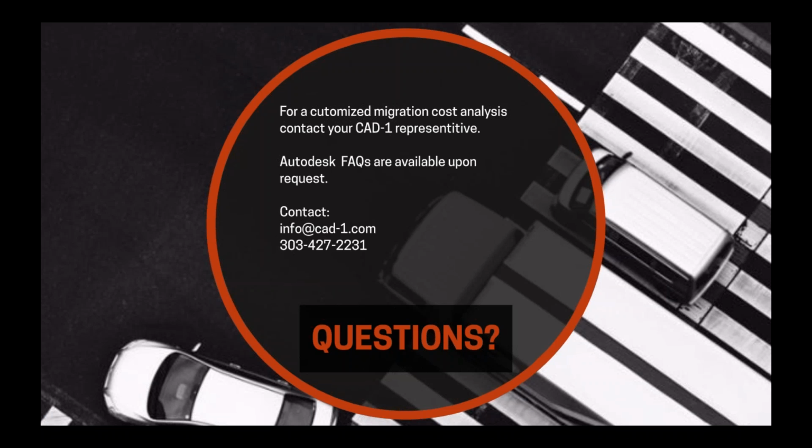So standalone, if it was a building design suite, would migrate to a standalone AEC collection, and any building design suites already on network would migrate to an AEC collection multi-user or network environment. We do anticipate at some point in the future there will be opportunities to upgrade or switch from standalone to network, but at least right now at your renewal date, the access type has to remain the same.